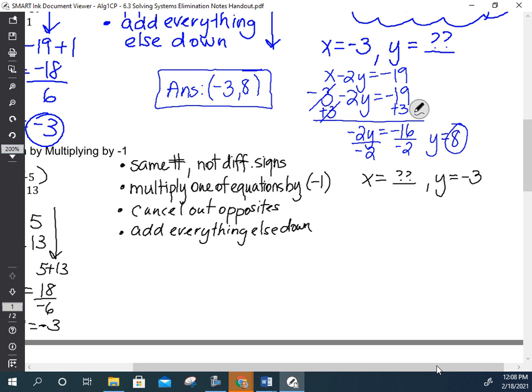How do I make this problem work for me? What can I do with this negative 3? And that's plug it in.